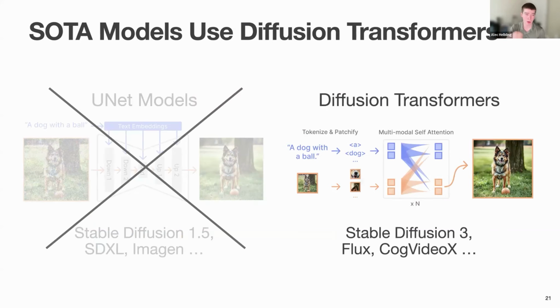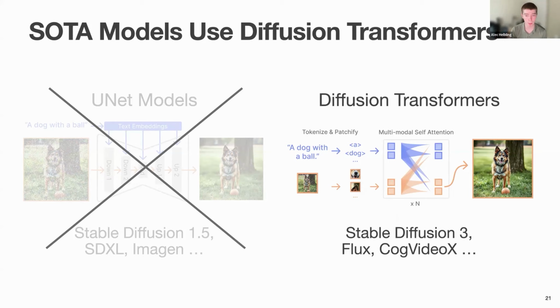In the past year or so, the state of the art for the model architecture underpinning the biggest, most recent diffusion models is diffusion transformers. This is a familiar story in a lot of machine learning: initially you had convolutional architectures in computer vision, and now they're being replaced by vision transformers.